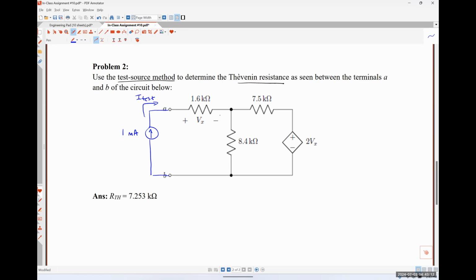So the voltage Vx is essentially a known quantity because 1 milliamp times 1.6 kilo ohms gives me 1.6 volts, which means this 2Vx thing over here is now just 3.2 volts. So by choosing a current source, I get to make my controlling variable a constant, which makes the system I need to solve easier.